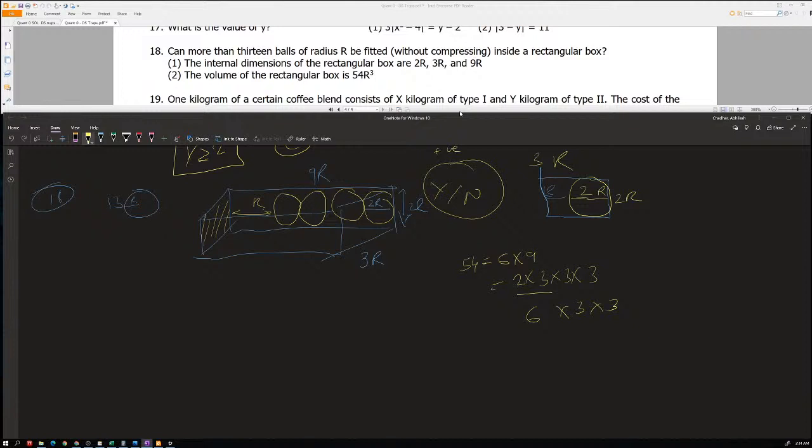We can even have 9 into 3 into 2. So you can have this, 9, 3, 2 is this one, and 6, 3, 3. Let's see what happens with 6, 3, 3. So this is 3, this is 3. Let this be 6.